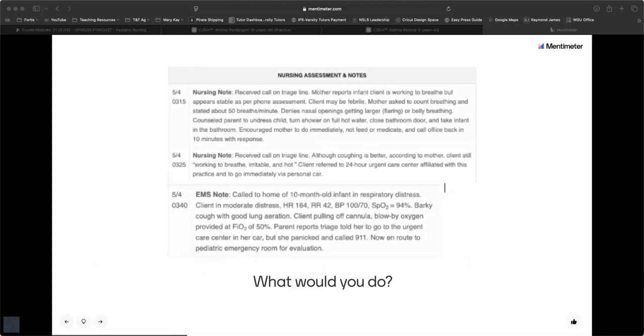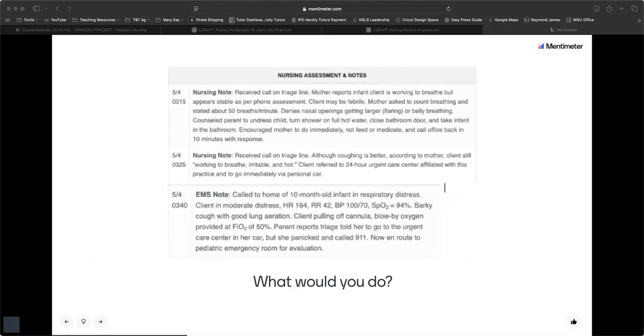Okay, so we're going to take a peek at this patient and tell me what you suspect our condition is. We're going to talk about signs and symptoms that we saw and what we can do for treatment. So, our first note, we received a call on our triage line. Mom reports her infant is working to breathe but appears stable, maybe has a fever.